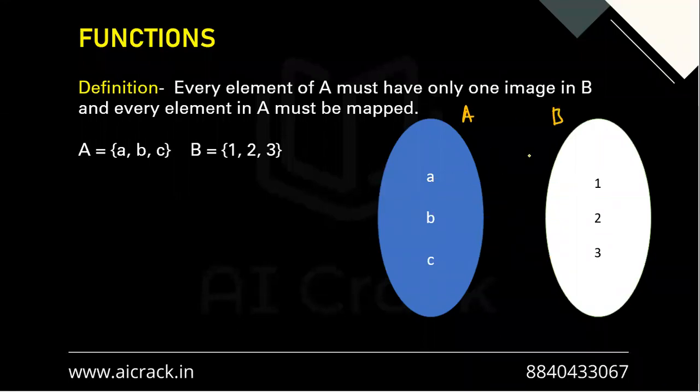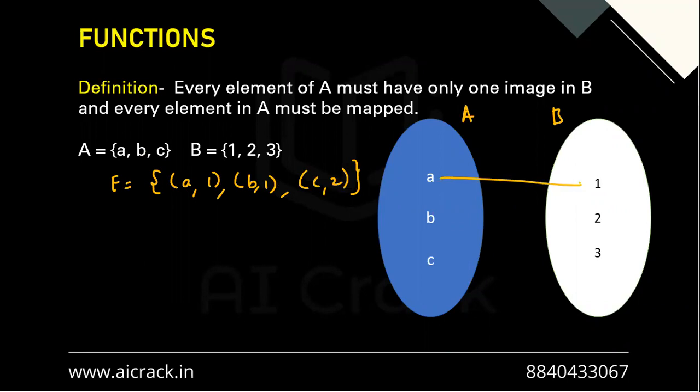So this is set A, this is set B, and we have this given function over here. Let's define one function, f equals (a, 1), (b, 1), (c, 2). So a is being mapped to 1, b is also mapped to 1, and c is mapped to 2.